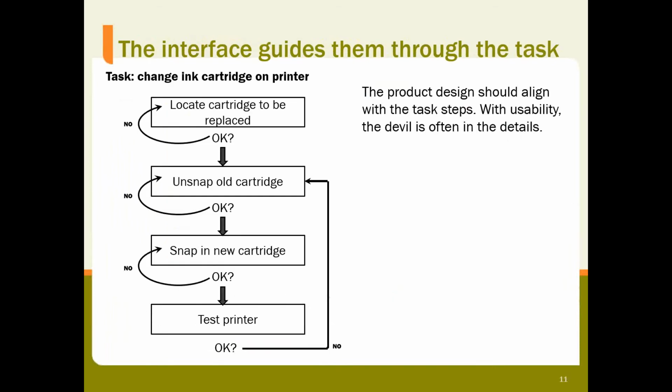Now, as an example, here's a task flow that you'd want to capture if you were, say, selling printer software or printers. So this would be the tasks that a person goes through when they perform some simplified task, like in this case, changing the ink cartridge on a printer. And hopefully all of you can relate to this, but you can see it's just step by step by step.